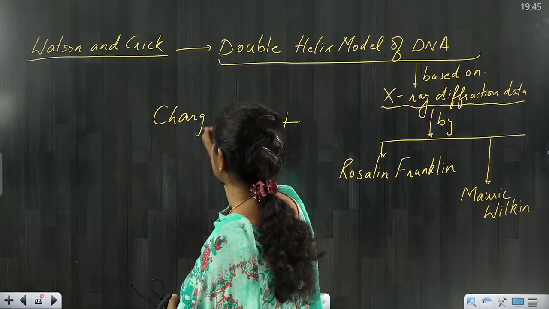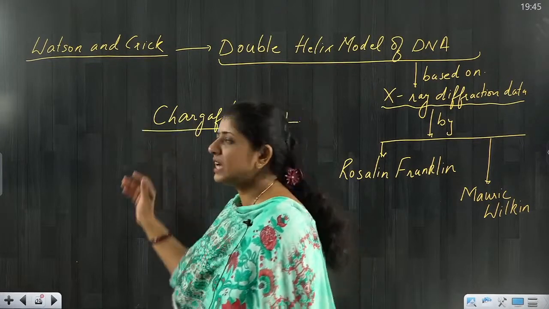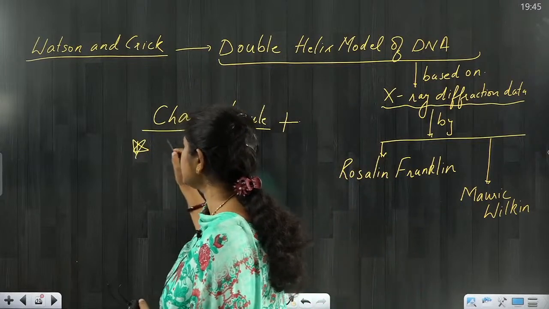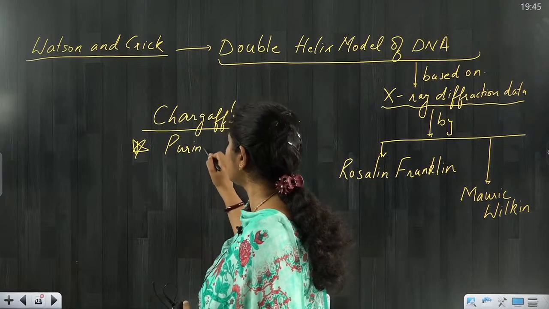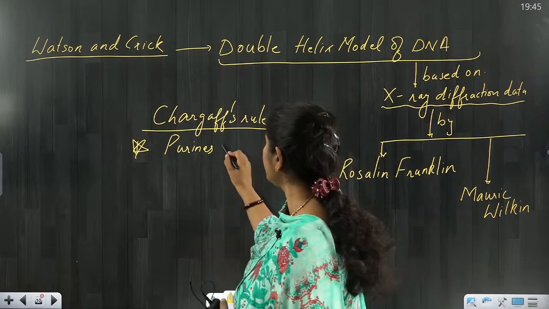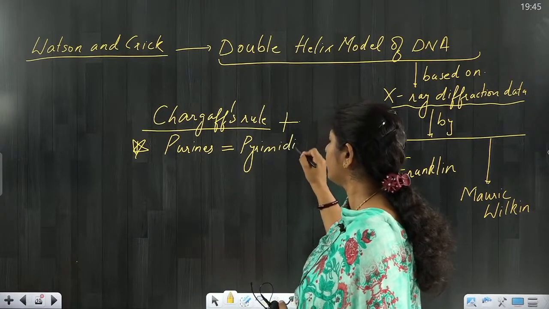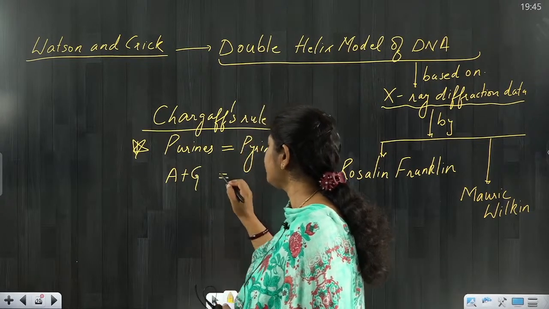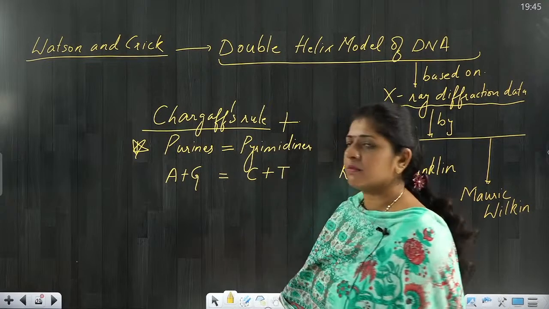Chargaff's rule. What is Chargaff's rule? Chargaff's rule, in short, says that in a DNA, the amount of purines will be equal to the amount of pyrimidines. Means adenine plus guanine must be equal to cytosine plus thymine.